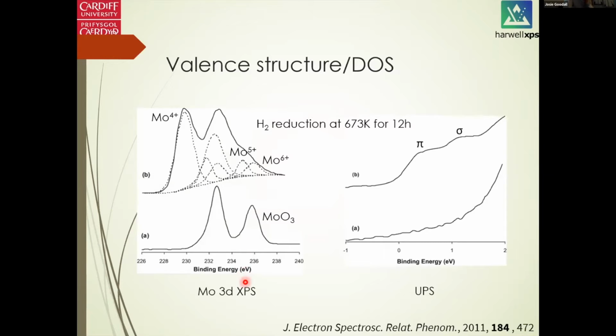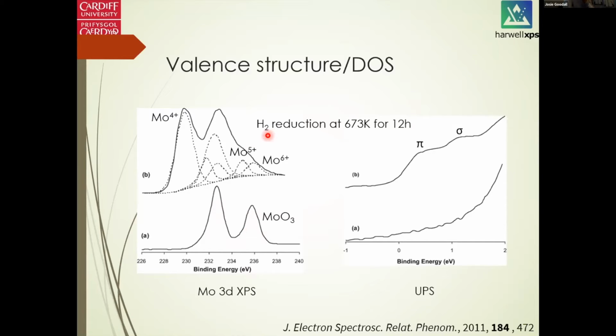For example, this is a molybdenum trioxide deposit on the titanium. And these catalysts are used for alkane cracking. So let's look at the XPS of the molybdenum 3d spectrum. Before the hydrogen reduction, we could see this typical doublet of the molybdenum 3d, which belongs to the 6+ state of the molybdenum.